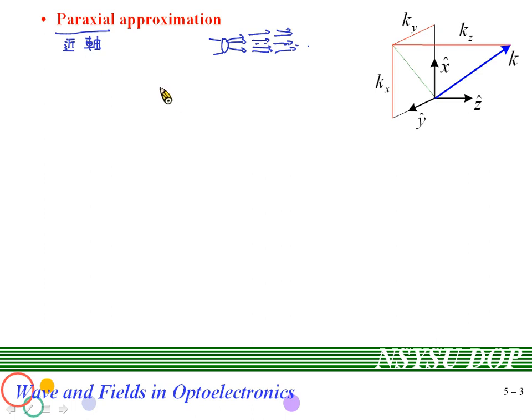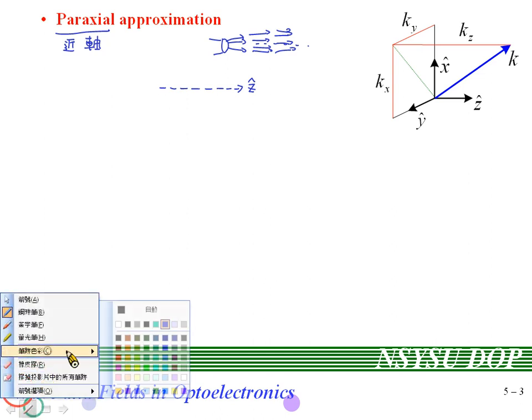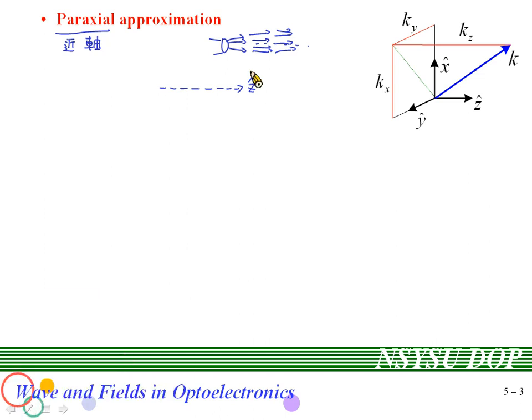Okay, so if we assume that z is our propagating axis, then the paraxial approximation means that the wave propagates very close to the z-axis. If we define the k vector of a wave like this, and the k vector has a theta angle with respect to the z-axis, the paraxial approximation deals with the wave where the angle theta is very small.